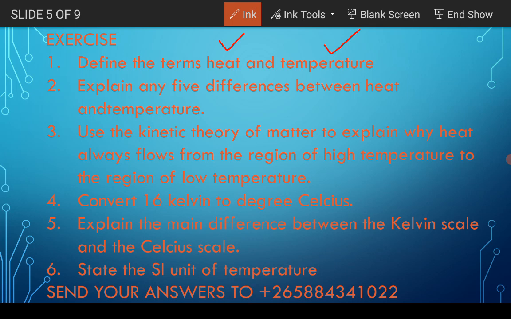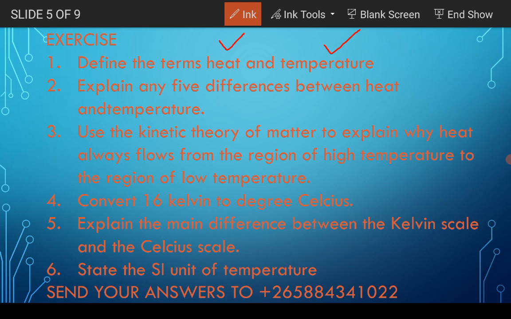In a manual paper, in an exam, where you are asked to define a term, the definition of a term is simply worth 1 mark. So you define the term heat as energy that flows from the region of high temperature to the region of low temperature. That is 1 mark.